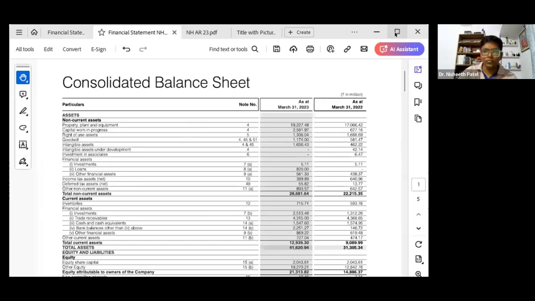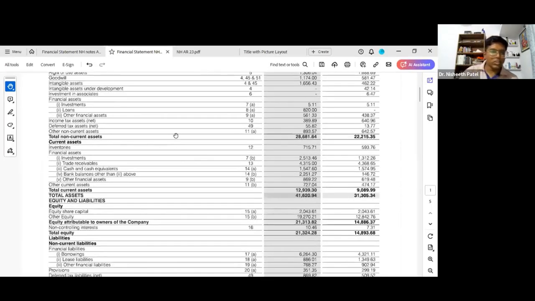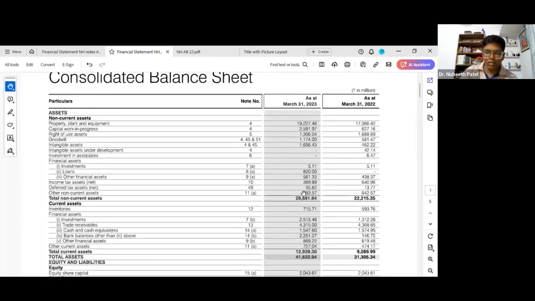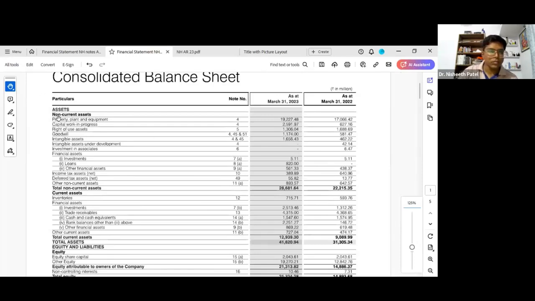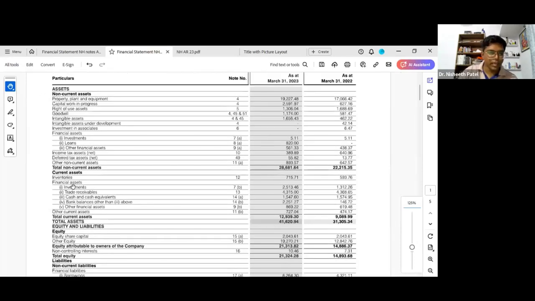Now on the balance sheet side, we have generally got assets and liabilities. These are the assets and these are the equity and the liabilities.